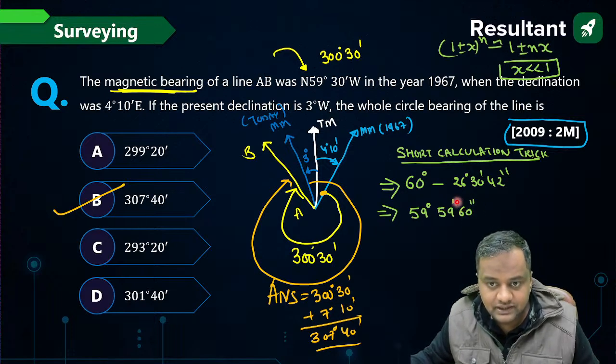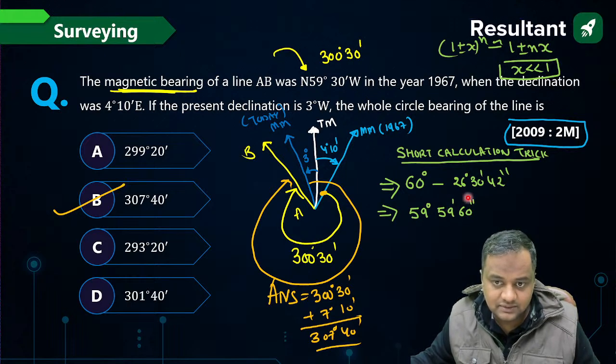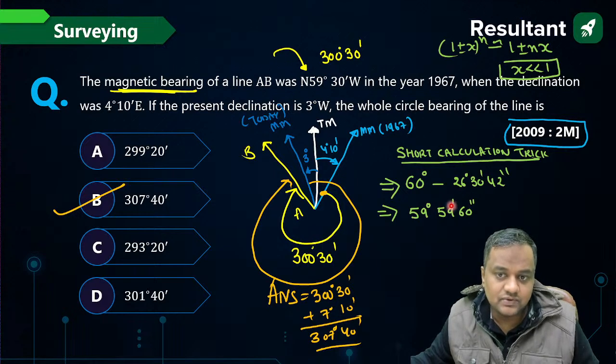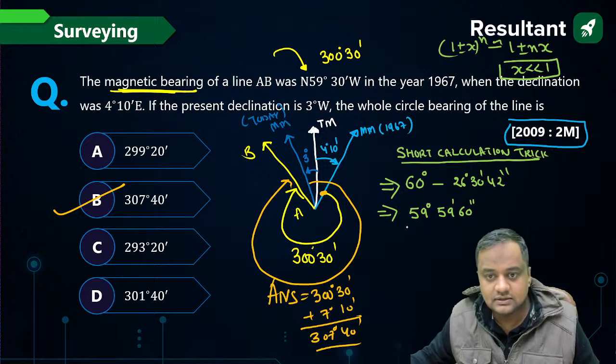So 1 minute and 59 minute is 60 minute. 60 minute is 1 degree. 59 degree and 1 degree is 60 degree. Correct? So instead of 60 degree, you write it like this.